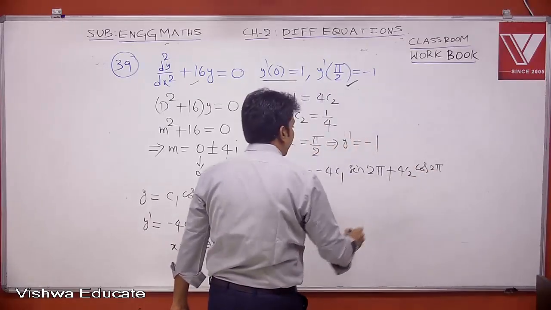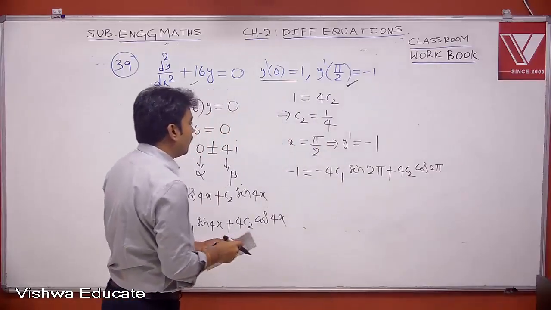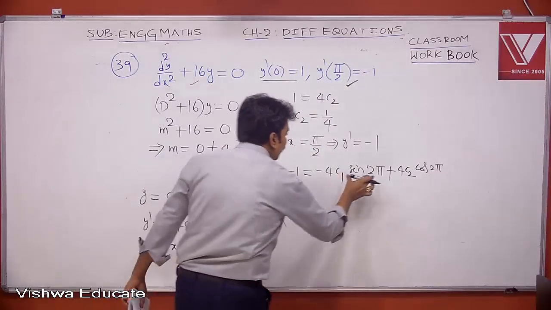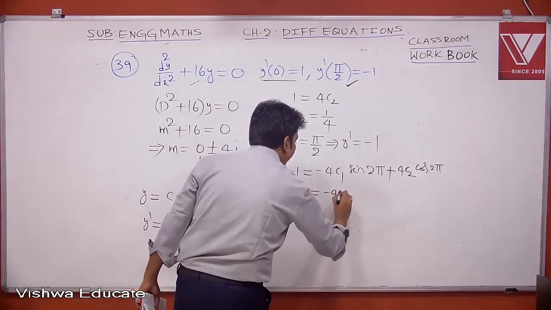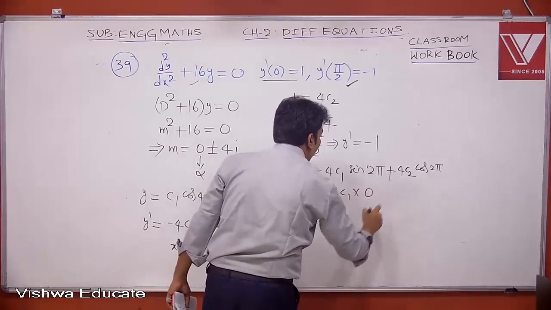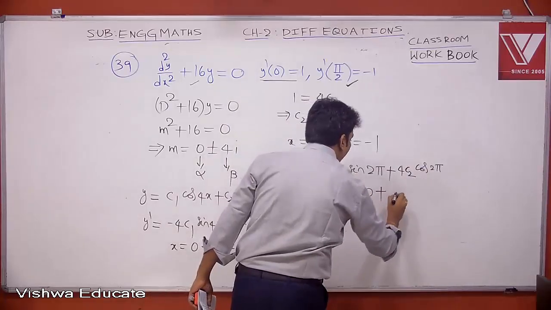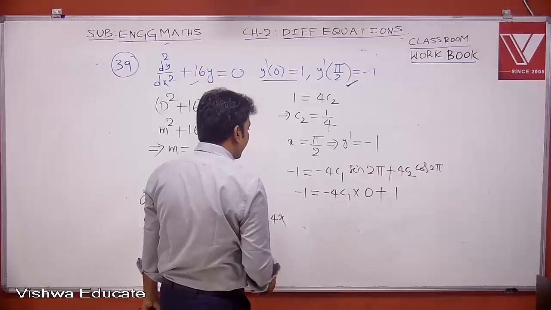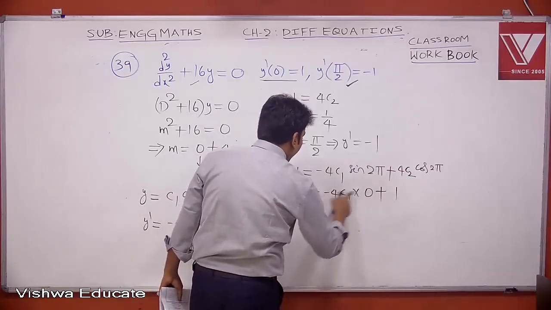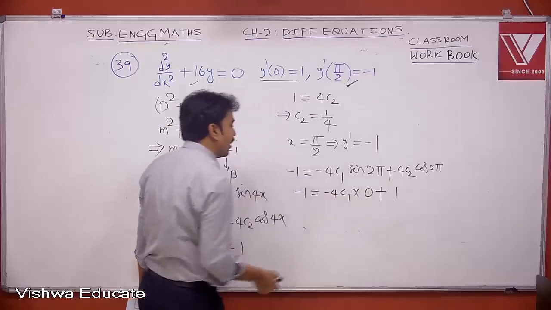Now in this case we already got the value of c2, but here sin 2 pi is 0 and cos 2 pi is 1. Therefore in this case what we are getting is minus 1 equal to 4c1 into 0 plus 4c2.